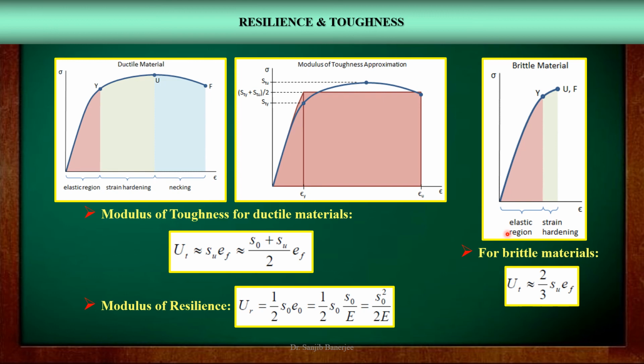For a brittle material, the modulus of toughness UT is approximated to 2 by 3 into SU, that is the tensile strength, and into EF, which is equal to the fracture strain. So, this gives the mathematical approximations to the modulus of resilience and modulus of toughness.